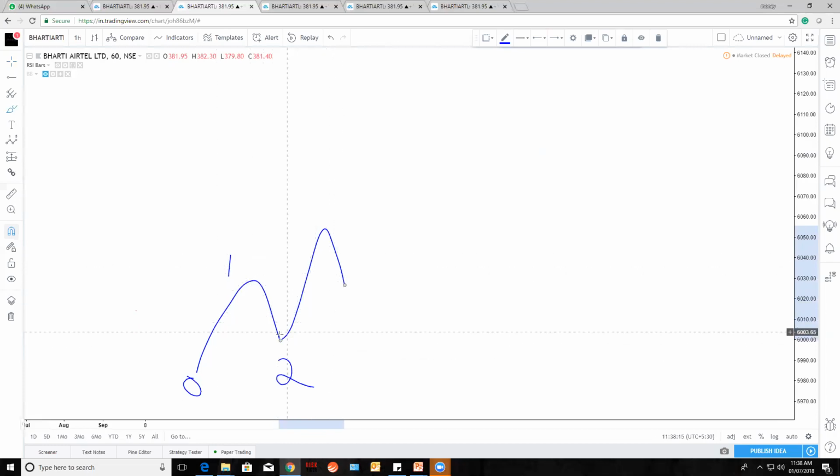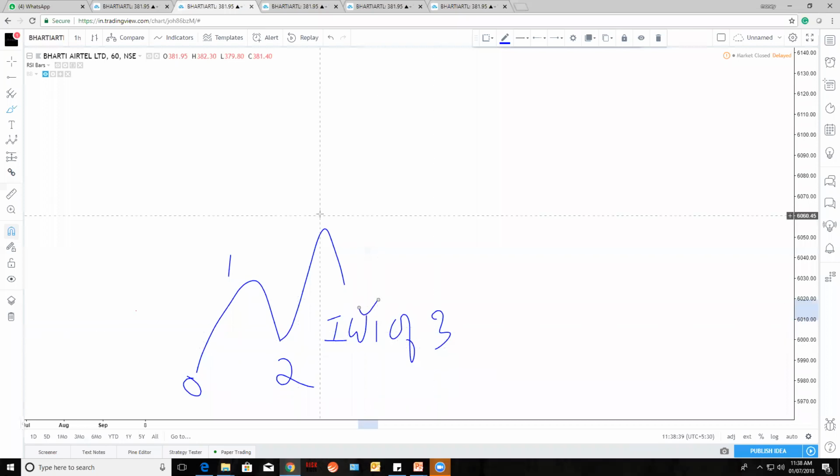What does it mean? It is not a third wave, because it is overlapping on the 4. But there is a possibility that it can be the internal wave 1 of the third. Internally, it's a wave 1 of the third.